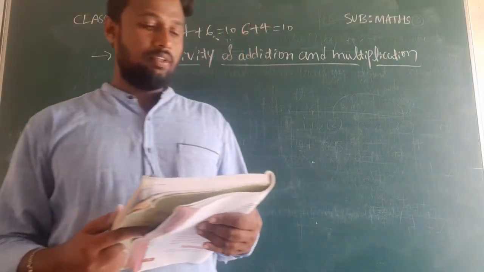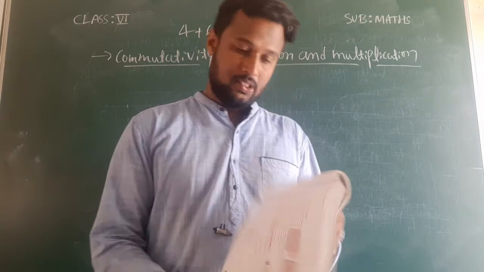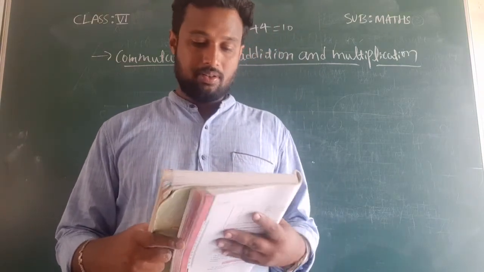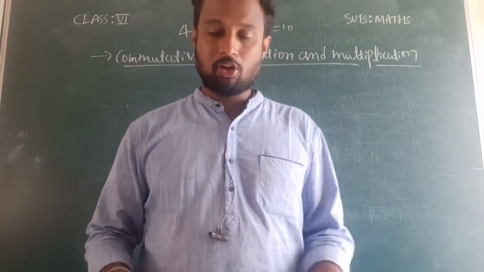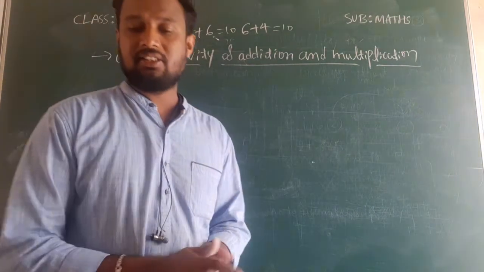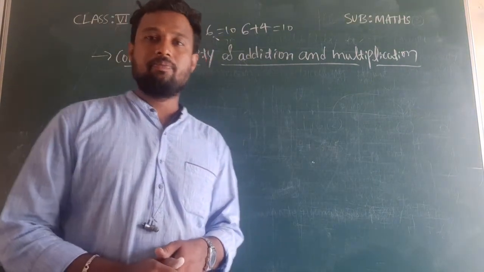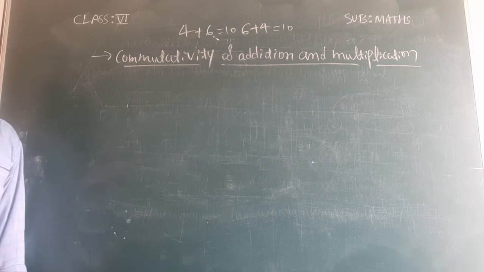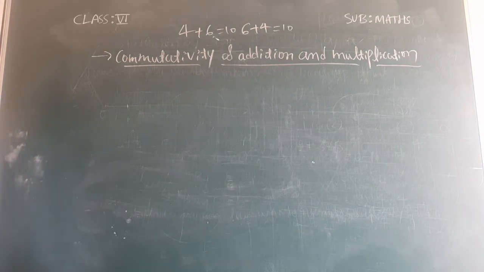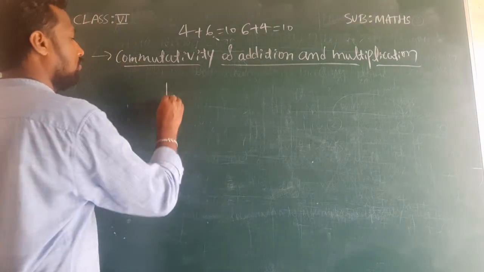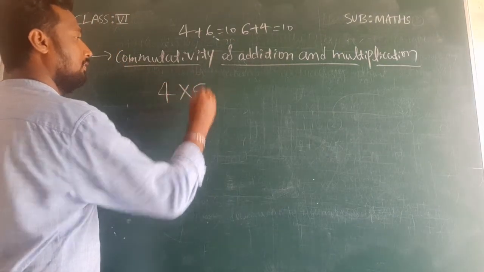Now they have given the theoretical part here, but by considering simple examples also you can understand this commutativity of multiplication. For example, I will consider two whole numbers, that is 4 into 5.